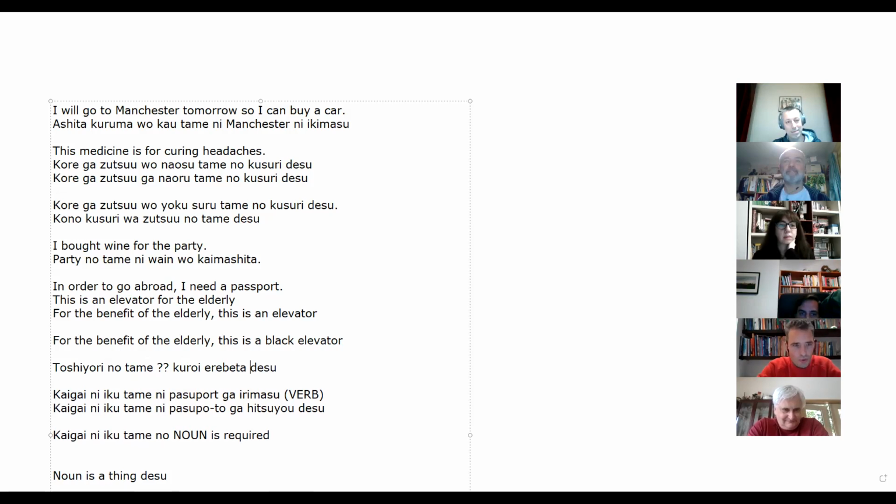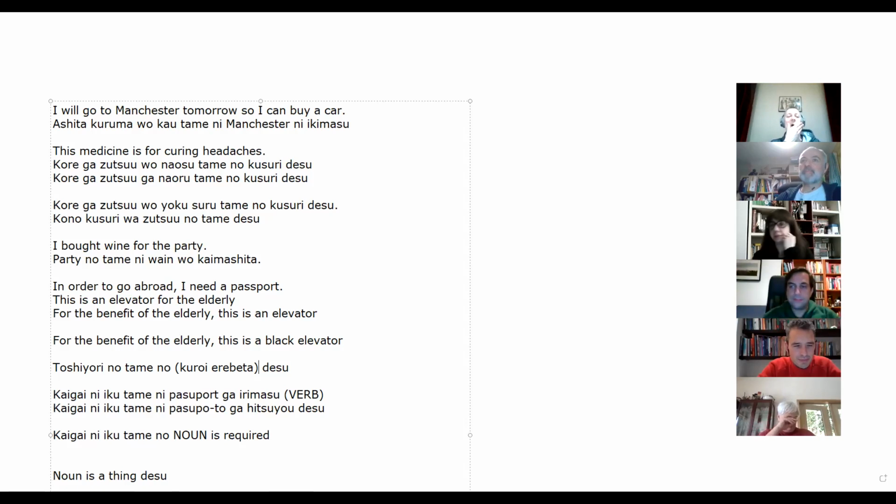I would say no. You're correct. It's not ni, because this is only now being used as a modifier for the elevator. They're stuck together. You're not saying the elevator will become black for the benefit of the elderly. You're just saying this is a black elevator for the elderly.